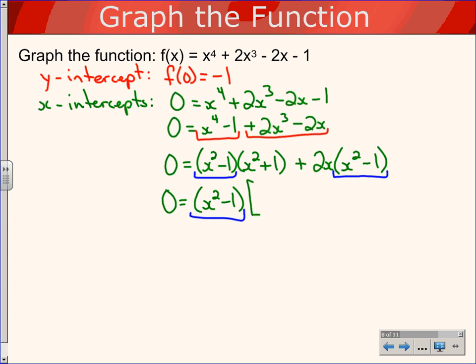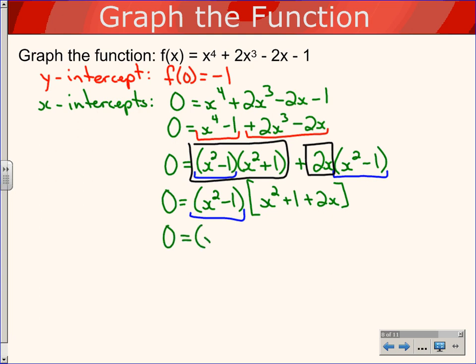What's left from the first part was x squared plus 1, and what's left from the second part was 2x. And that's not too bad. So I've got x squared minus 1 times x squared plus 2x plus 1. By factoring by grouping, I've got to there so far.